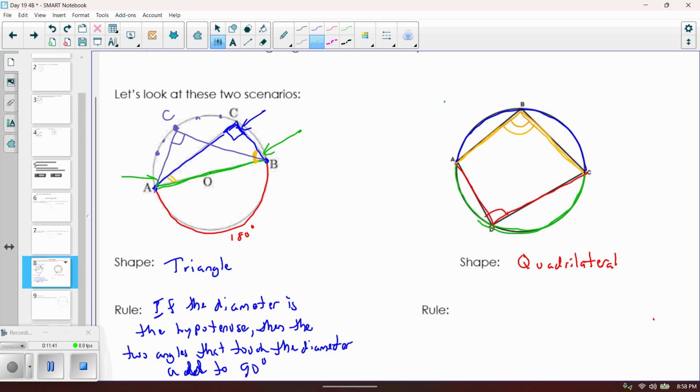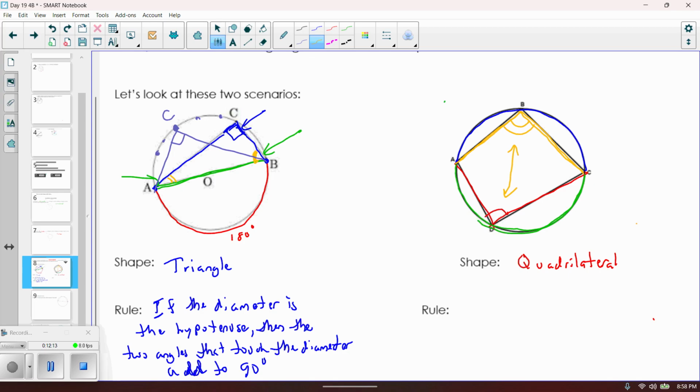But here's the key. If you look at the blue arc and the green arc and add those together, it should look like it does the whole circle. And if it does the whole circle, then that means the entire circle is 360 degrees. If we cut that in half, whatever B and D are, they will add up to half of a full circle, which is 180 degrees.